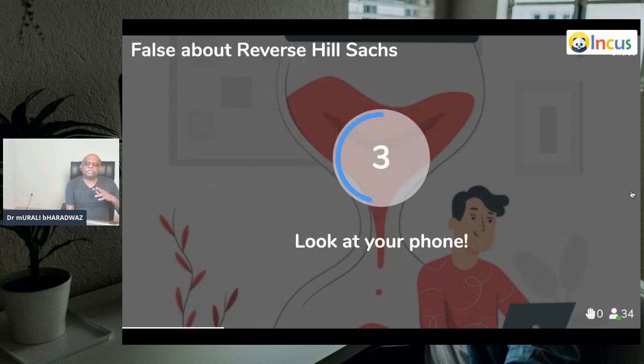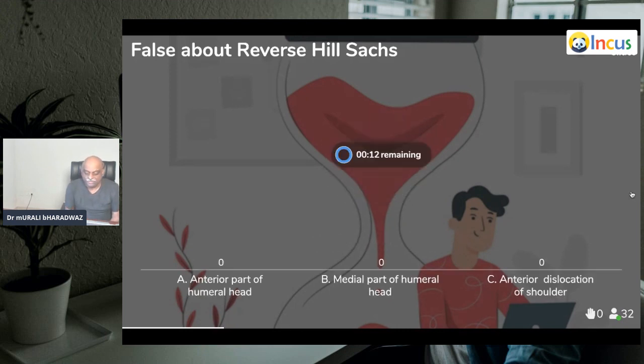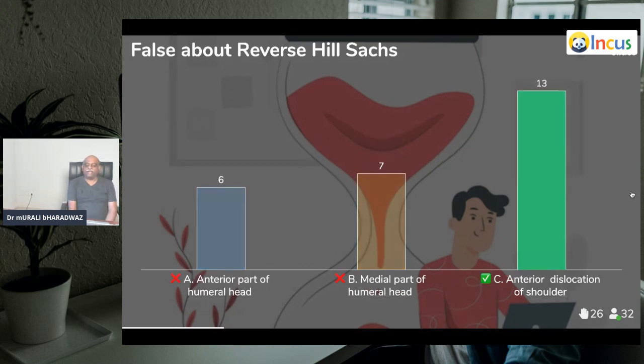Very good. Now, question 5. What is false about reverse Hill-Sachs? An interesting question, huh? So, reverse Hill-Sachs. Great.